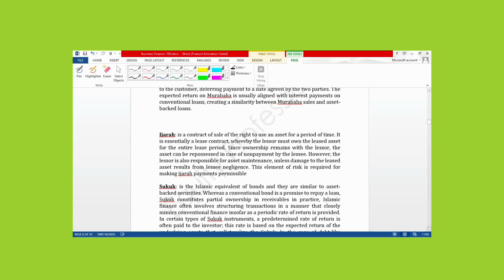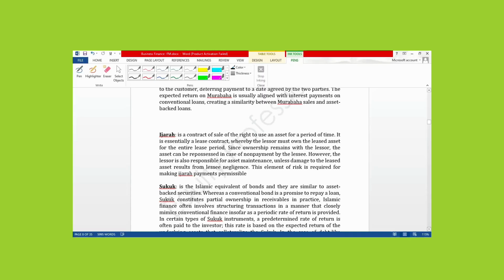Ijara. Ijara is simply leasing. For conventional finance, we say operating lease. For Islamic finance, it's called an Ijara contract.